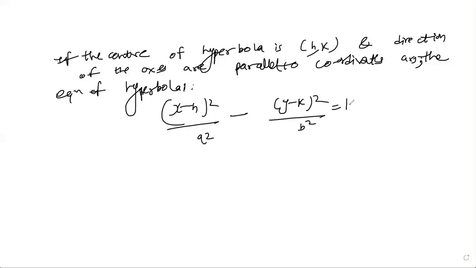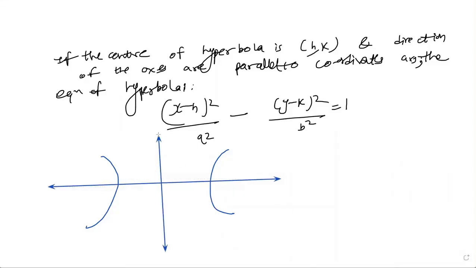So we are left with only one small thing, that is our latus rectum. So let's quickly see with the help of the figure. Suppose these are the two curves, and these are my transverse and conjugate axes. Again the concept is still the same, that if these are my two foci, F1 and F2, and I draw lines perpendicular to the transverse axis and passing through the foci, then the lengths of the line segments that we are getting is our latus rectum.